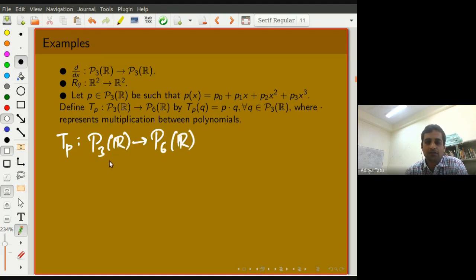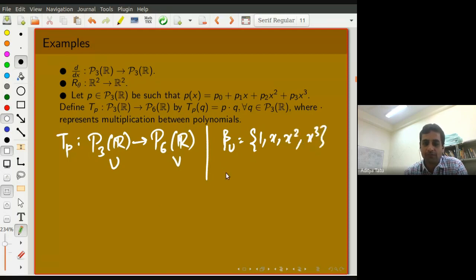Okay, let's call this U and this V. We'll write it over here itself in order to save space. So beta U, let me choose it to be your usual basis. Beta V also, let me choose as it is.